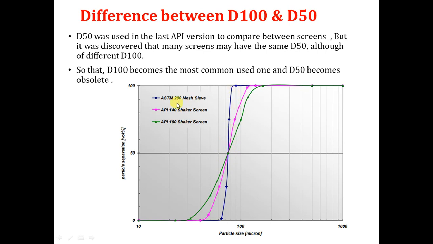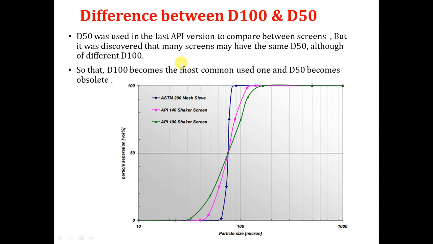For example, the ASTM 2 mesh sieve gives the same D50 as API 140 and also the same D50 as API 100. So we cannot distinguish well using the D50, and it was used already by API Recommended Practice 13E.